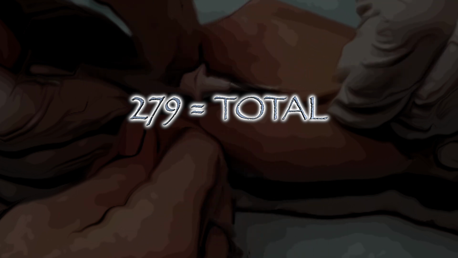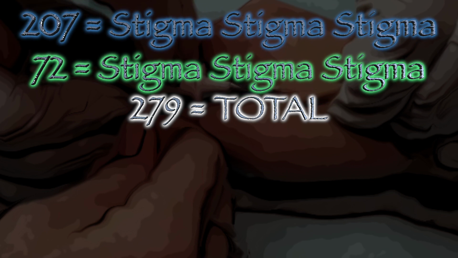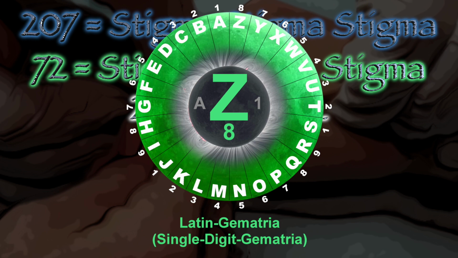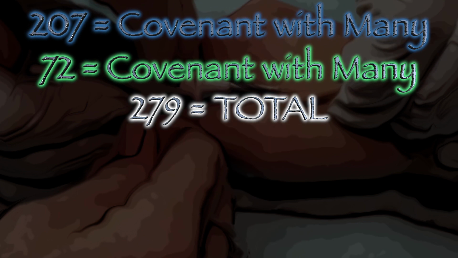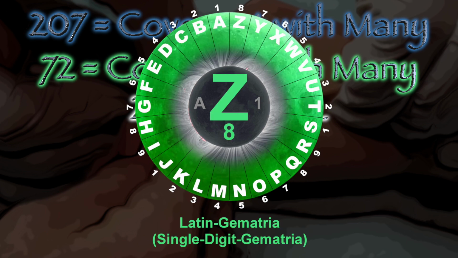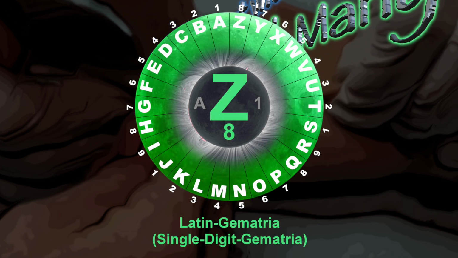Another combination that equals 279 is Stigma, Stigma, Stigma, using ordinal English Gematria and Latin Gematria combined. Yet another combination that equals 279 is Covenant with Many, using ordinal English Gematria and Latin Gematria combined.